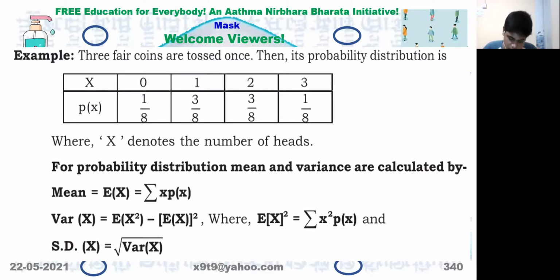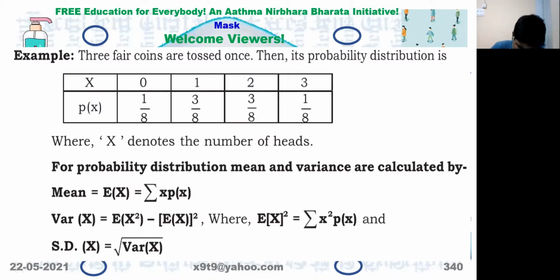So for the fourth and fifth columns, at the bottom you write the sum. That is sigma xpx for the fourth column total. Fifth column total is sigma x square px.